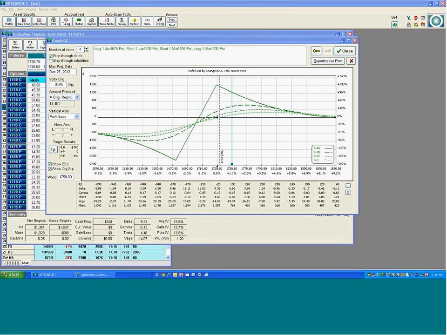Another question: why refer to this position as a vertical swap as opposed to a calendar swap? Good question. You can call it either one you wish. It is a vertical put spread in January with an opposite vertical put spread in March.